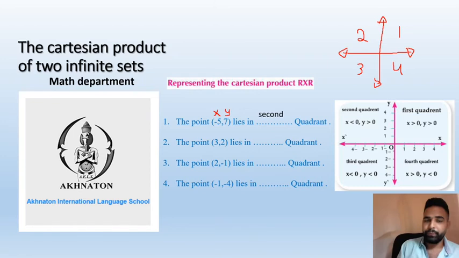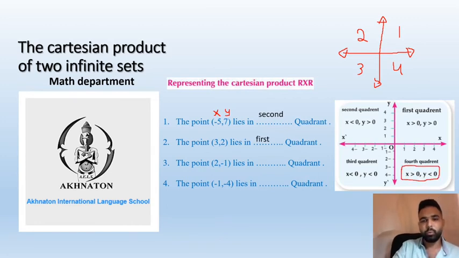Question number 2: (3, 2) lies in which quadrant? Here x is positive and y is positive, so it's the first quadrant. Question number 3: (2, -1) lies in which quadrant? 2 is positive and -1 is negative, so x is positive and y is negative.